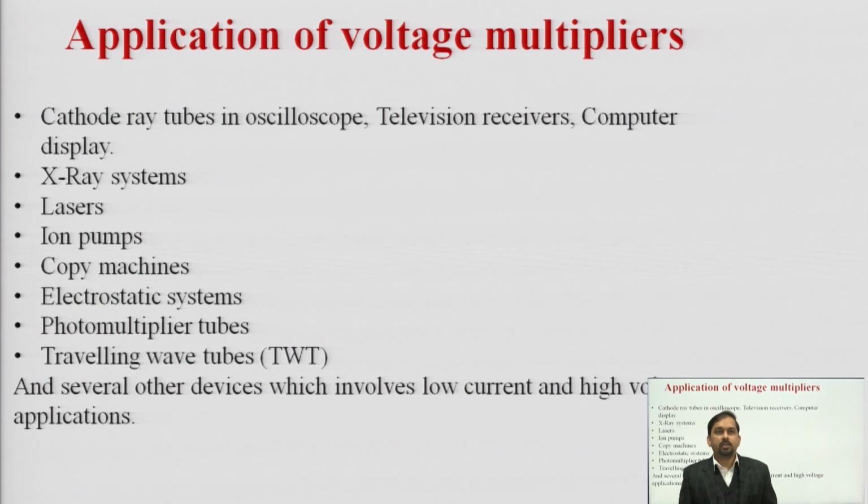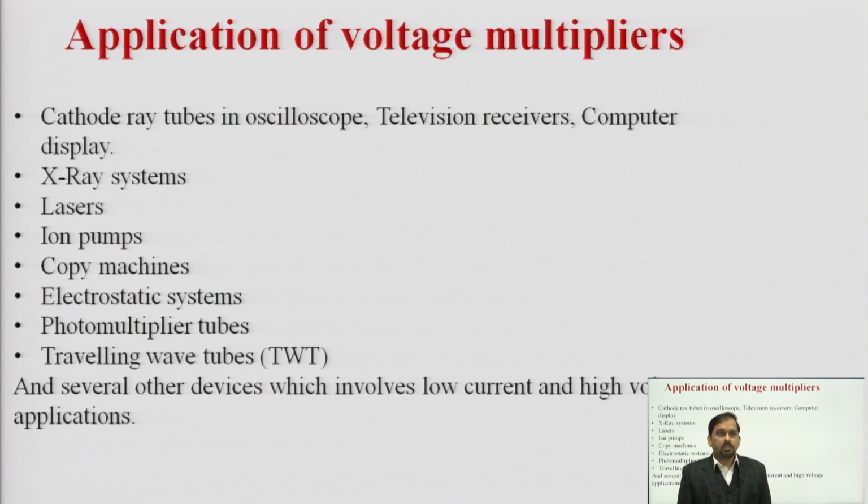Similarly, television receivers, CRTs, computer displays and X-ray systems also need high voltage. Other applications include lasers, ion pumps and photocopy machines, electrostatic systems, photomultiplier tubes, and TWT, the travelling wave tube, which is part of microwave systems. These TWTs also require a high voltage to operate.